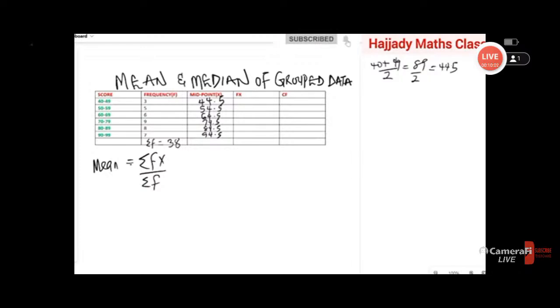Now the next thing for us to do is to calculate our fx, that is the product of our frequency and the midpoint x. So 3 times 44.5, you can use your calculator for confirmation, is going to give us 133.5.